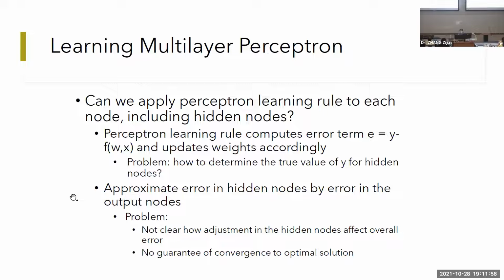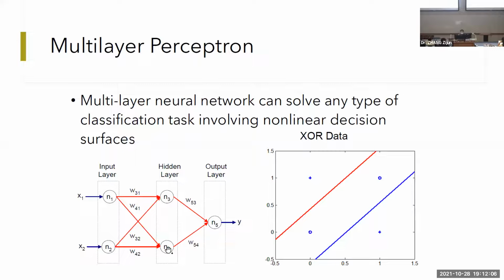So can we apply the perceptron learning rule to each node, including the hidden nodes? What are the hidden nodes? The hidden nodes are here. The previous perceptron learning rule we could apply because we didn't consider a hidden layer. We just considered a simple network structure, which has an input layer and output layer.